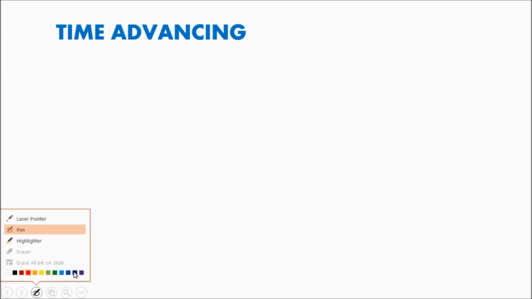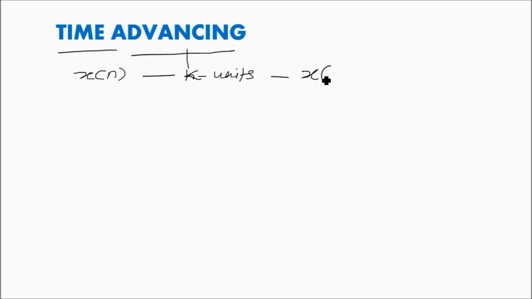Next is time advancing. If x of n is any signal given, then time advancing by k units is represented by x of n plus k.